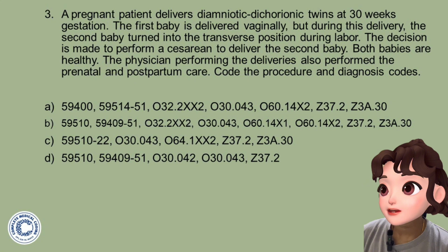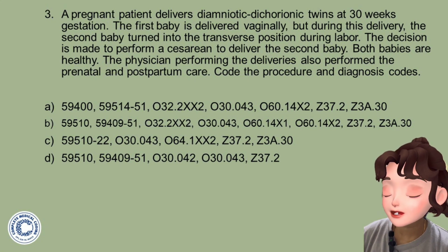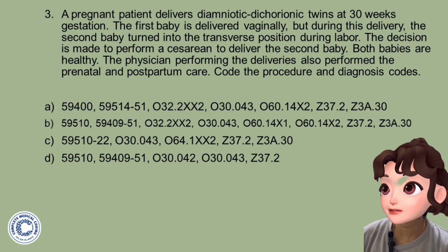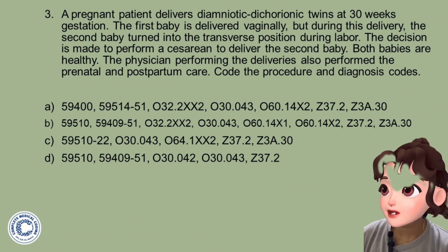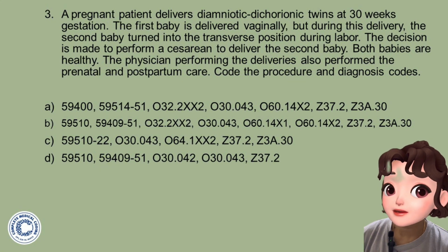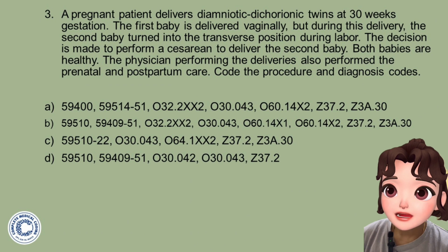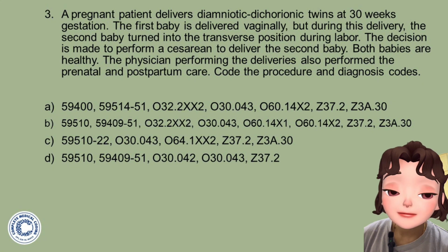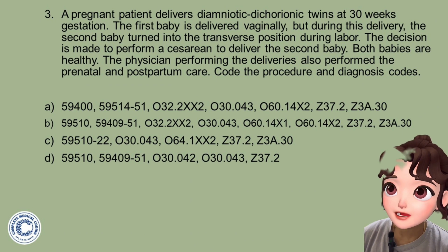You have to code the O code first, along with the Z code for the number of weeks. Z3A.30 represents 30 weeks gestation. Along with that, you always have to code whether it is a live birth or a stillbirth. That is important when you are coding pregnancy or delivery codes. Since these are twins, Z37.2, twins, both live born.